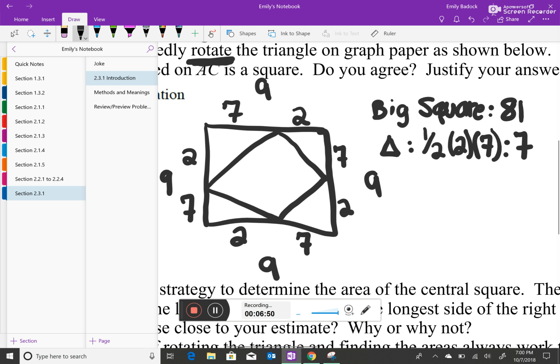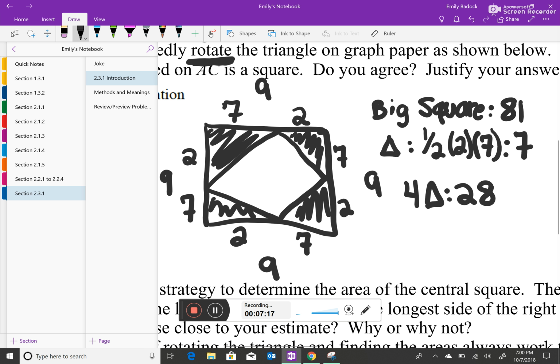So what we are going to do is take 7 times 4, because there are 4 triangles, not squares. All 4 triangles are going to equal 28. So 28 right here is the answer for the areas of all of those.